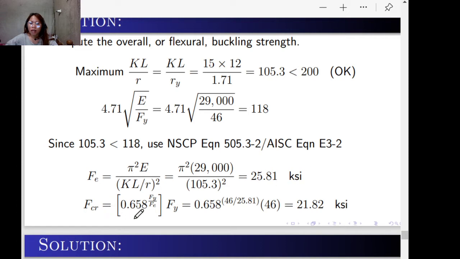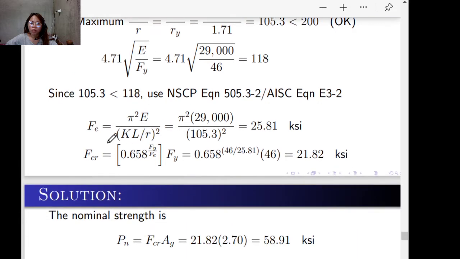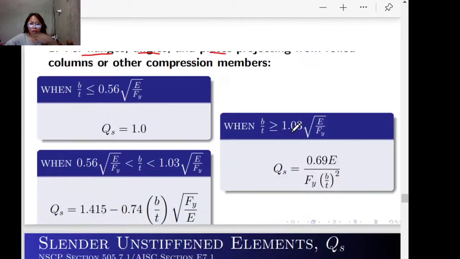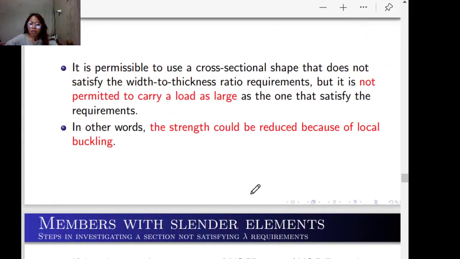And since this KL over R is less than 4.71 square root of E over Fy, we use this critical buckling stress equal to 0.658 raised to Fy over Fe. Yes, I think we discussed this one in the previous video.